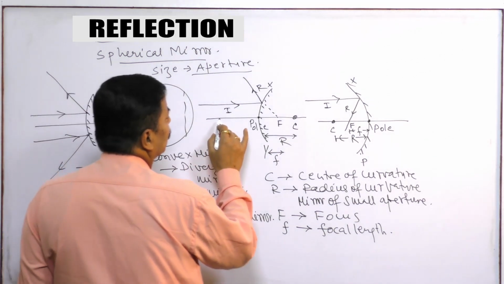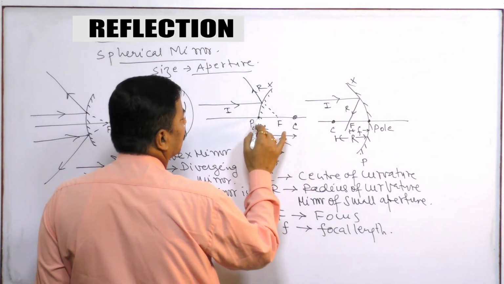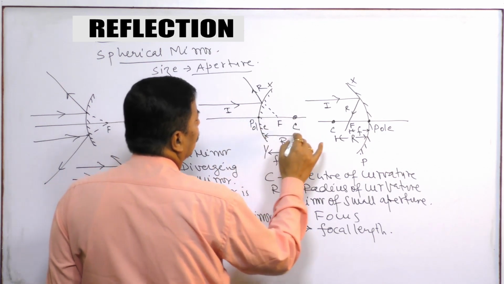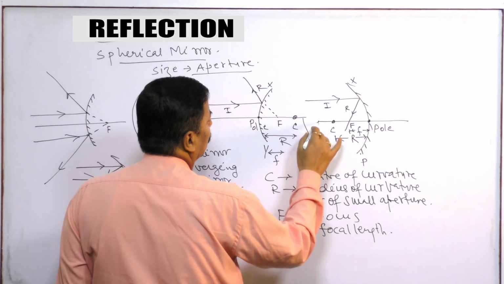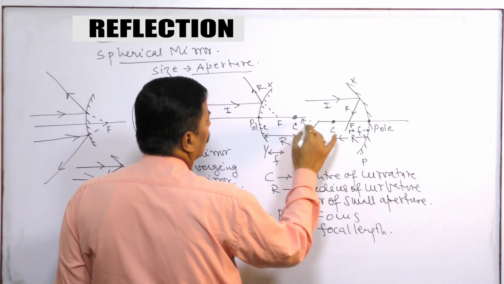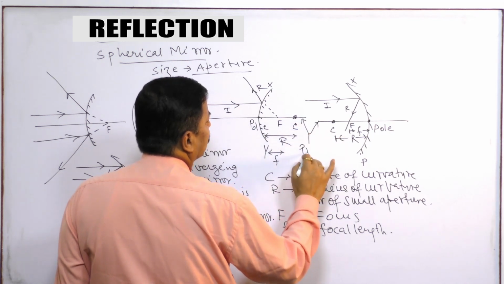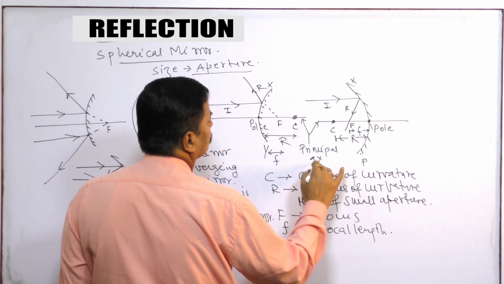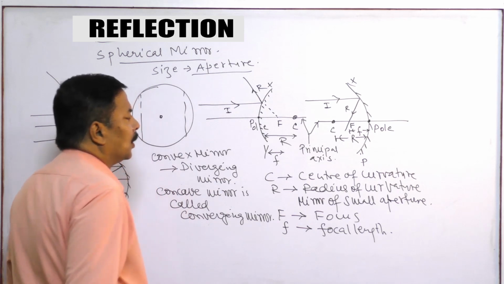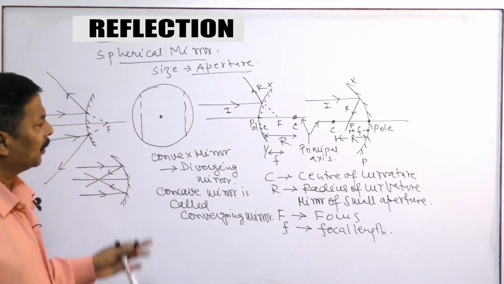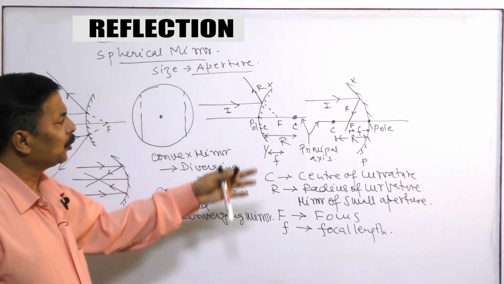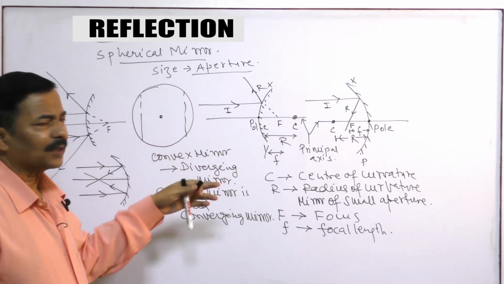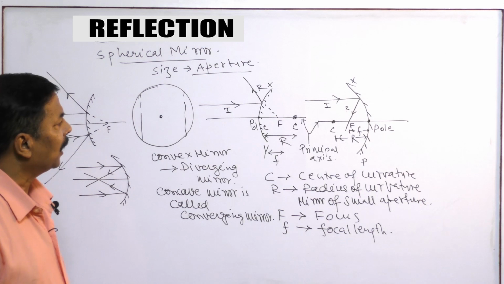And this line which passes through pole and center of curvature is known as your principal axis. So we are concerned with these few basic terms that every student should know while discussing the spherical mirror.